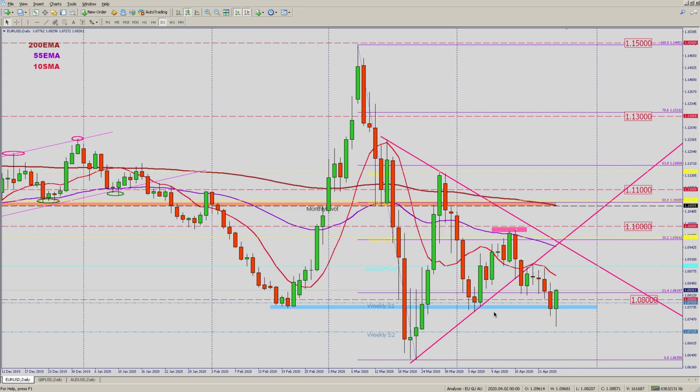This support is going to continue through next week, and we'll see whether it's going to drift lower. And there is intermediate resistance now in this area.